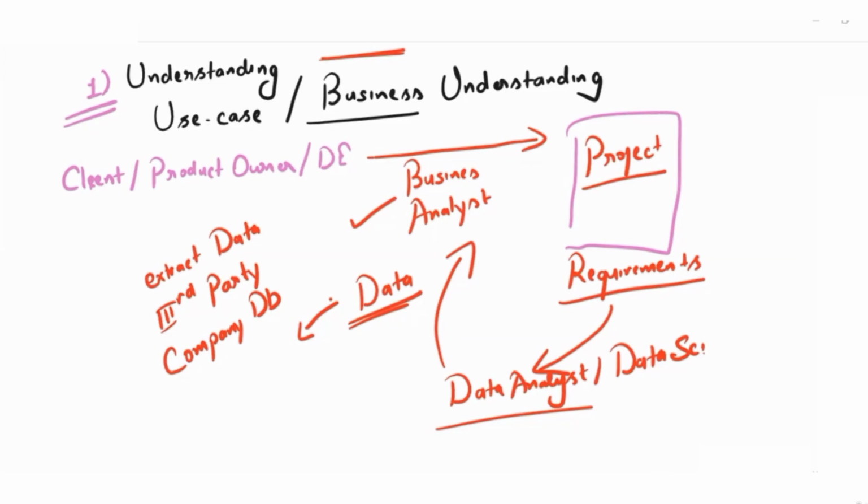By the way, for those of you who have any doubt about the very first step of the life cycle, its main goal is to collect the project requirements. You can ask questions like, from where can you extract data? Is this data available at some third-party APIs, or do you have to extract data from company databases? Do you have some more sources from which I can collect the data? These are the general queries that a data analyst or a data scientist, depending upon the role you have in your company, might encounter in the real world.